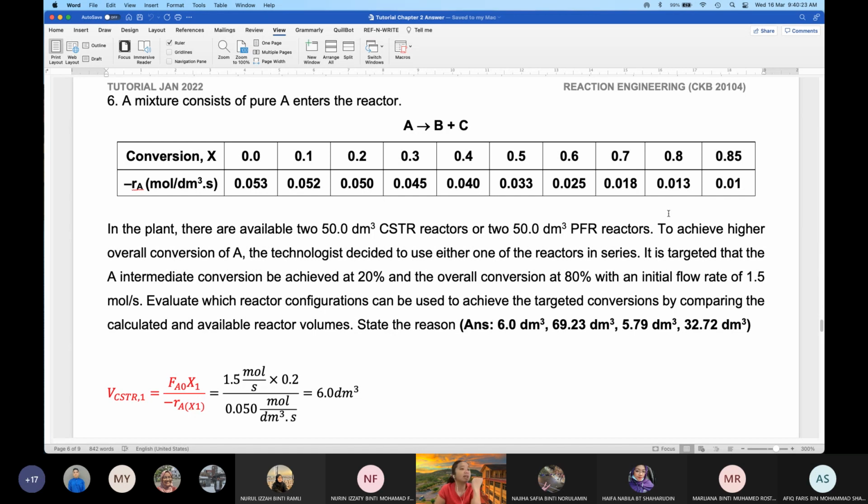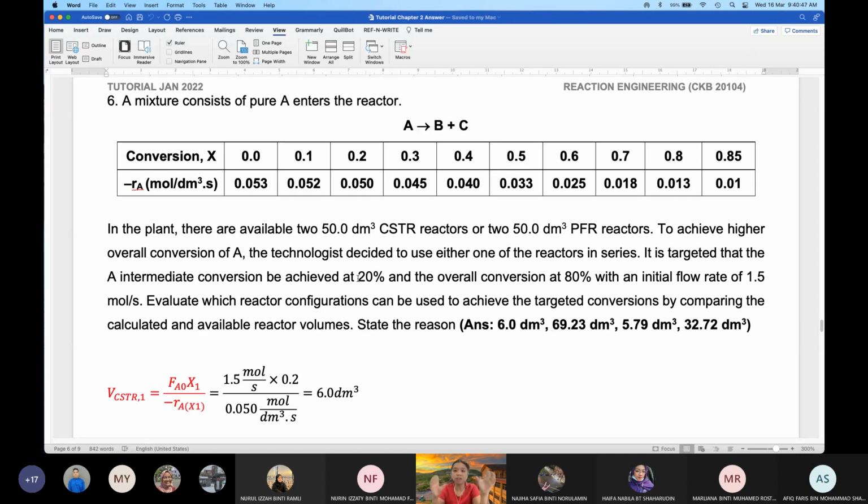Okay. It is targeted that the intermediate conversion to be achieved is 20%. You know the intermediate conversion and the overall conversion: the intermediate conversion is in the reactor before the final reactor. Overall conversion must be the conversion at the final reactor. So meaning in this case we have 2 CSTR or 2 PFR.